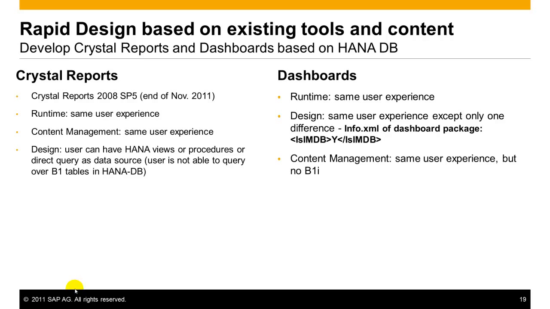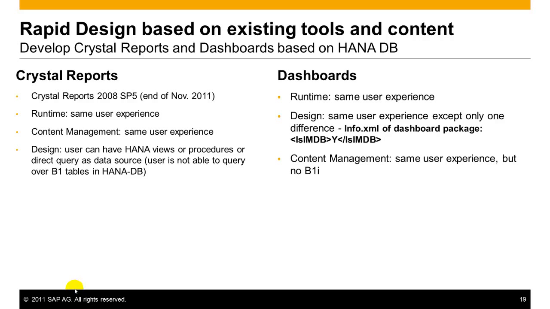But from a design time perspective, all you need to do is choose whether you're going to use HANA views or procedures, or you're going to use a direct query as the data source. Now, when you've selected to use HANA, you can't do a direct query over the B1 tables in HANA. Why? Because again, you're using that semantic layer. From the dashboards, the runtime is the same experience.